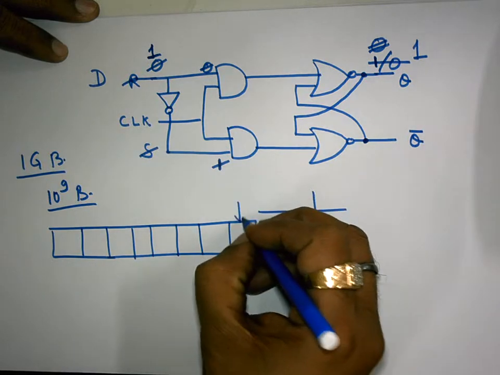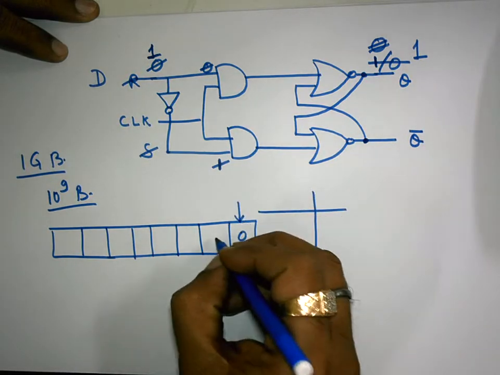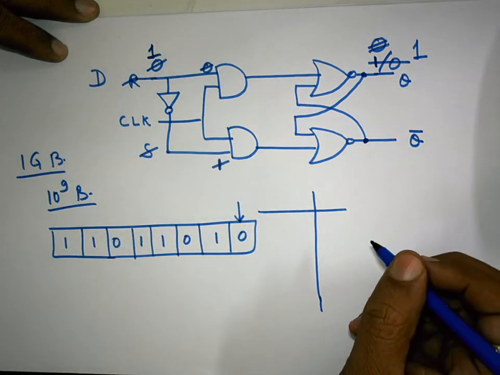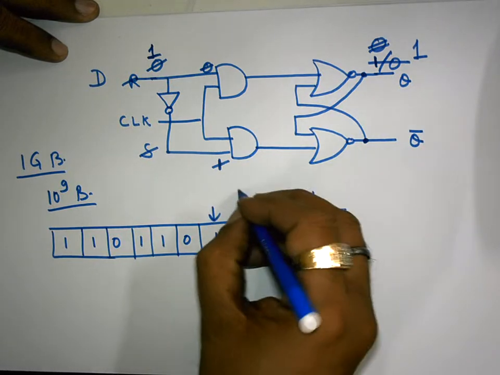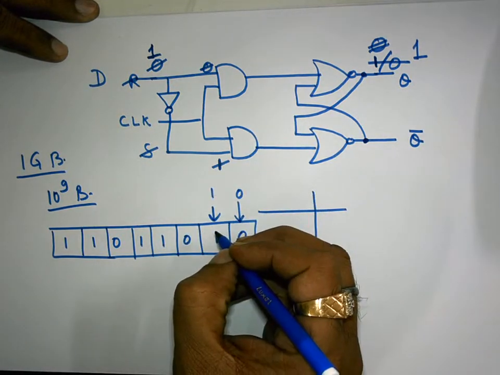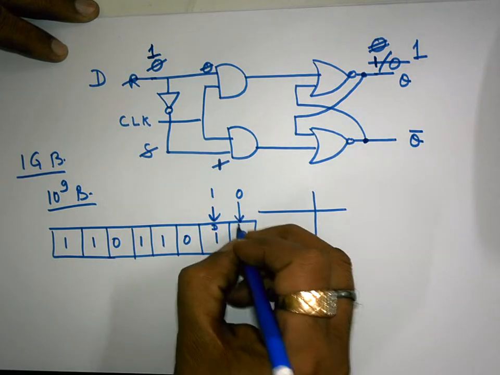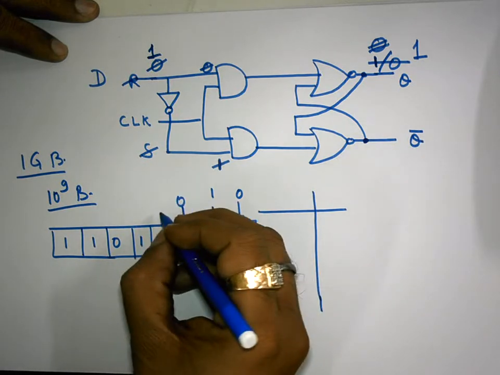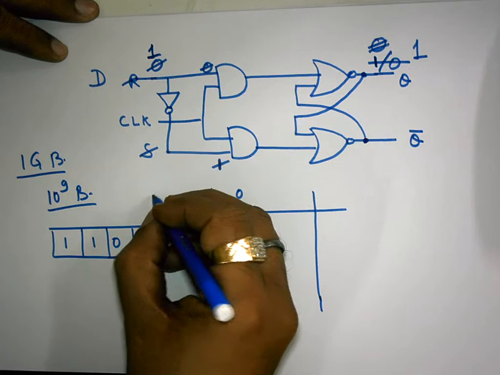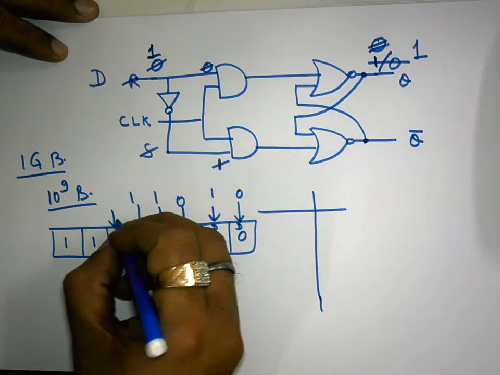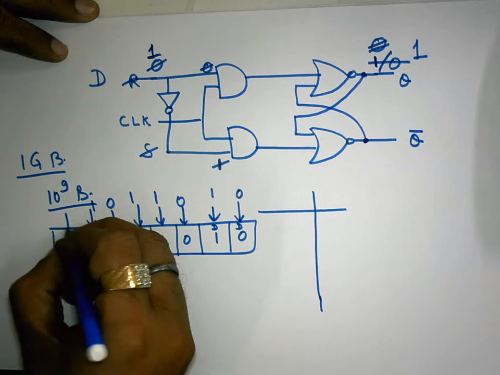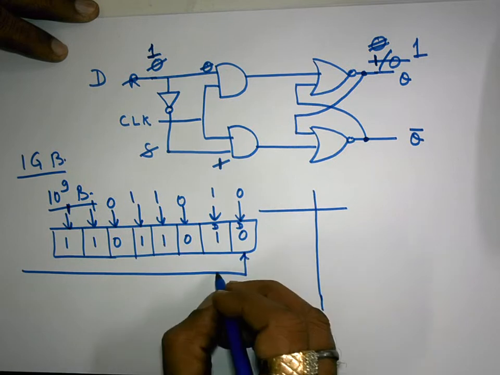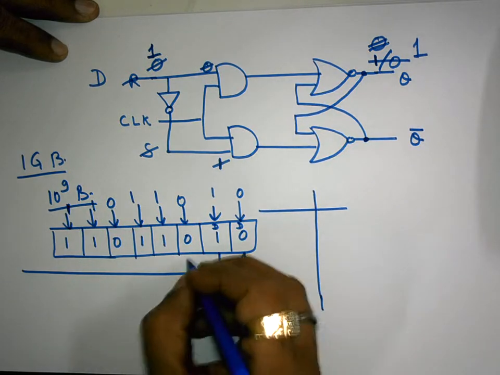So simply, to store a pattern, say you are willing to store 1 0 0 1 1 0 1 1 in a byte, you will apply these patterns at the input of these flip-flops. These are the D inputs. 1 is applied over here, 1 is applied over here, 0 is applied over here, 1 is applied over here, 1 is applied over here, and they all are connected with the same clock input.